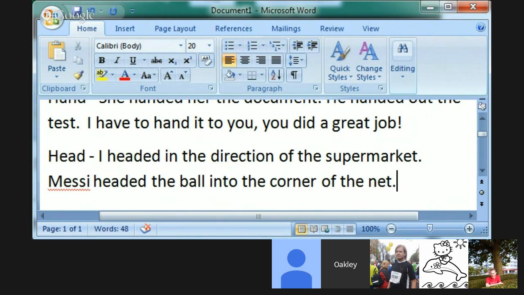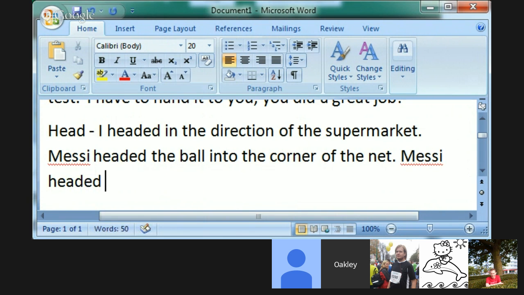Okay, so physically, when you use your head to hit the soccer ball, that actual action is a dynamic verb, again. And you just gave me another one. Messi headed the club. Okay, football teams usually are called clubs.